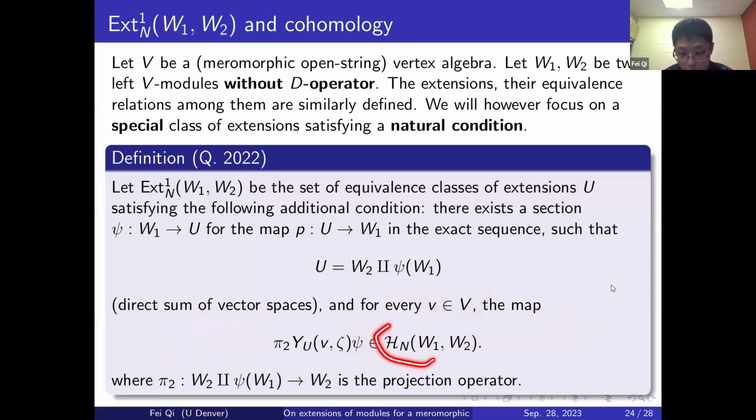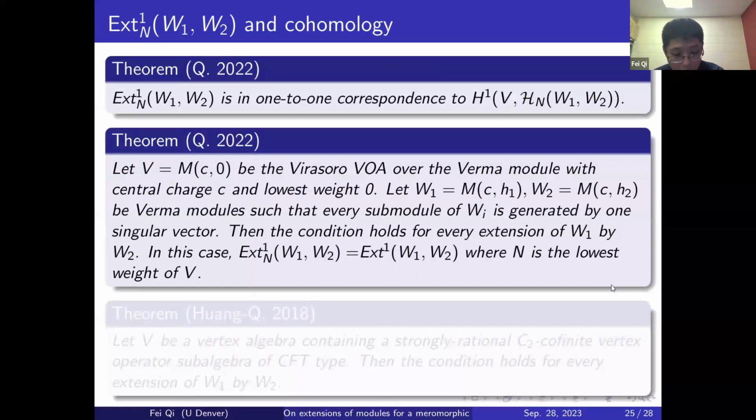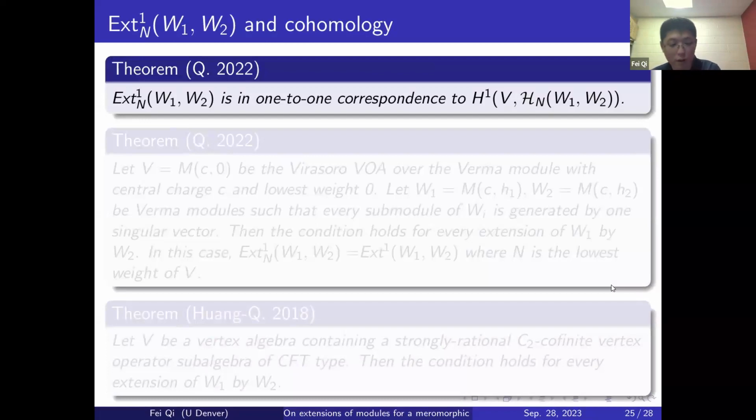That's what this H_N condition means. With this in mind, I managed to prove that Ext(W1, W2) is in one-to-one correspondence with the first cohomology, and I'm missing a hat over here. So there should be the first coaxial cohomology of V with images in the bimodule over here.